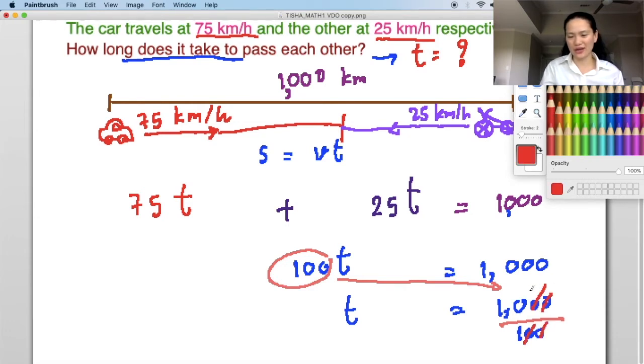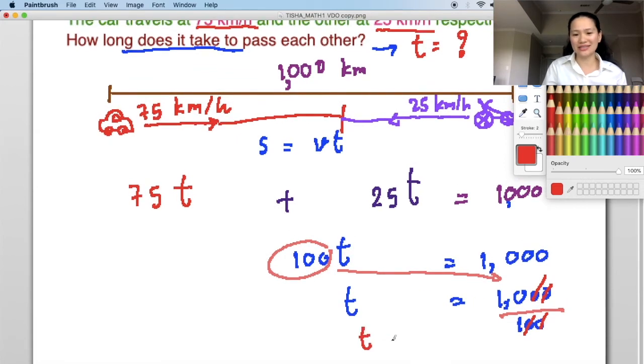I cut the 0, and your answer is t equals 10. You need to remember the unit. The unit is not minutes, the unit is hours. So how long does it take to pass each other? It takes 10 hours to pass each other. So this one is your answer.